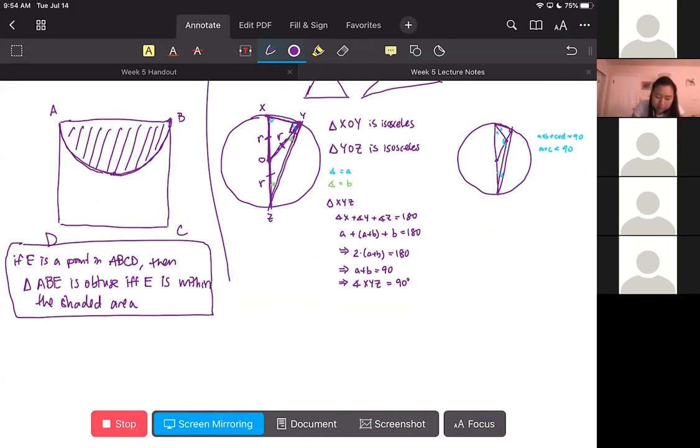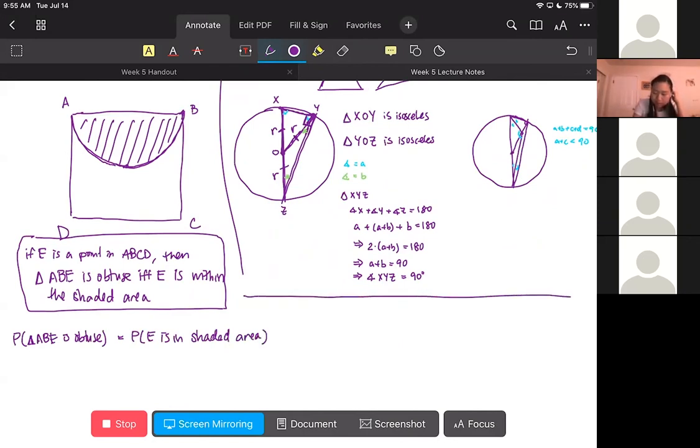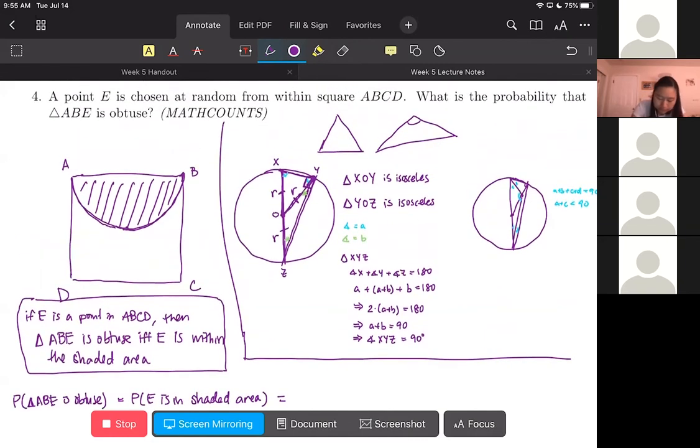All right, so now we want to calculate the probability that E is in the shaded area. So the probability that ABE is obtuse, we've reduced to the probability that E is in the shaded area. How do we calculate this probability? Well, we first have to assign a value to the sides of ABCD.